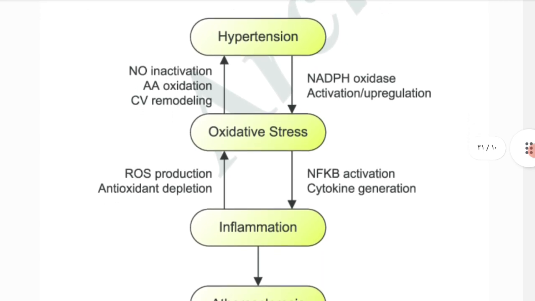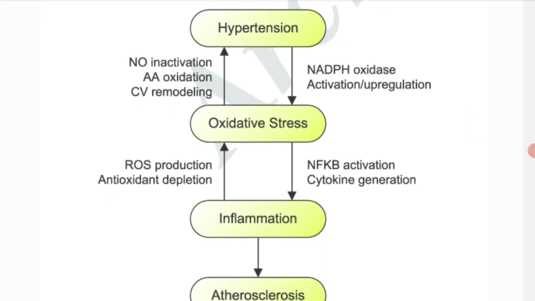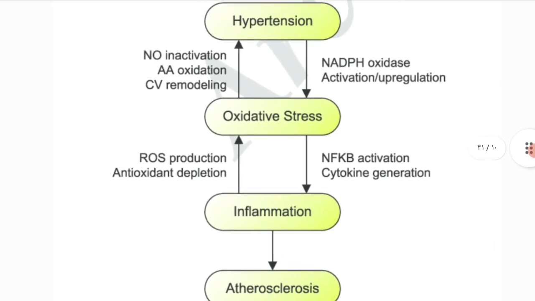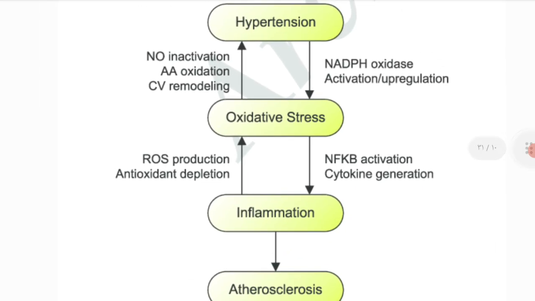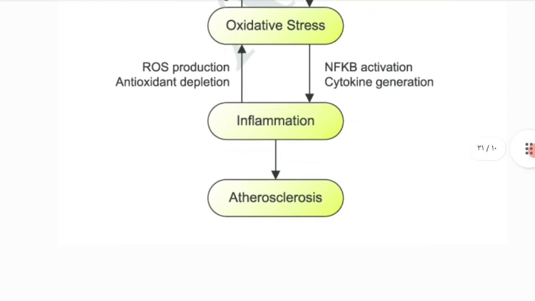Oxidative stress in hypertension: as we know, oxidative stress activates NADPH oxidase. Hypertension activates oxidative stress and leads to atherosclerosis. Inflammation can cause increased ROS and decreased antioxidants and lead to oxidative stress, which causes adaptation and hypertension as an adaptive state.